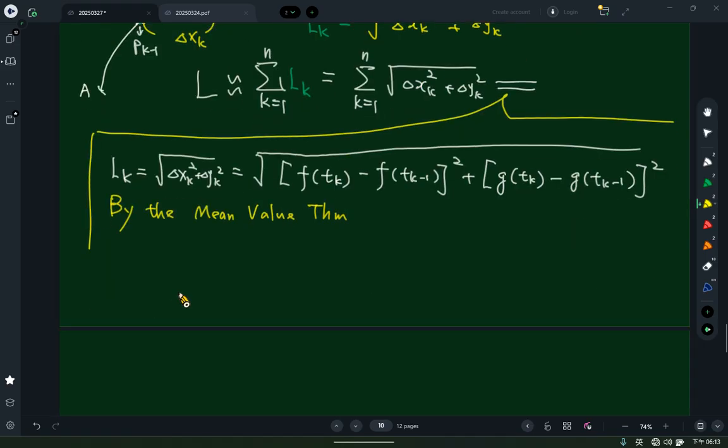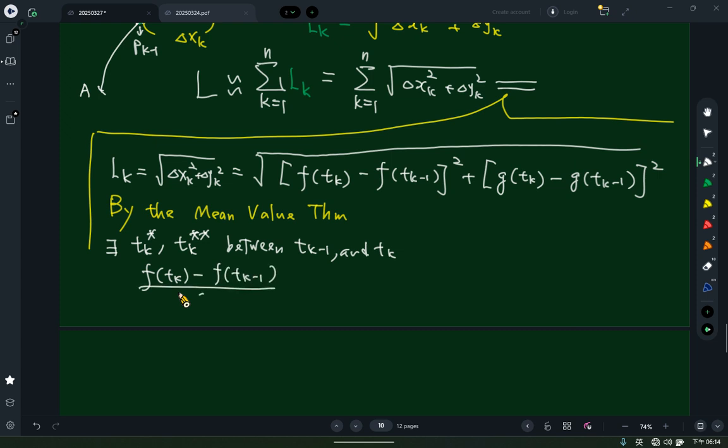That means we can find t_k star and t_k star star between t_{k-1} and t_k, so that f of t_k minus f of t_{k-1}, over delta t_k, is equal to f prime of t_k star.